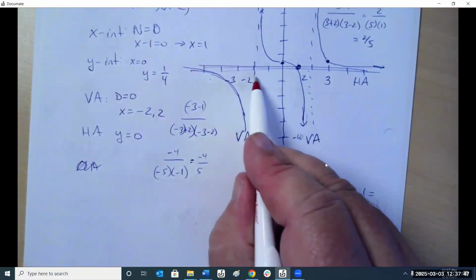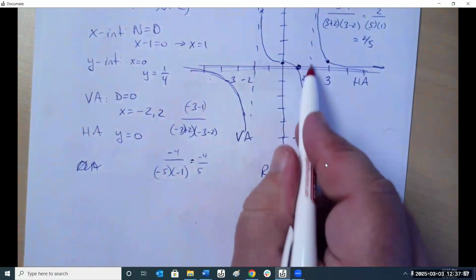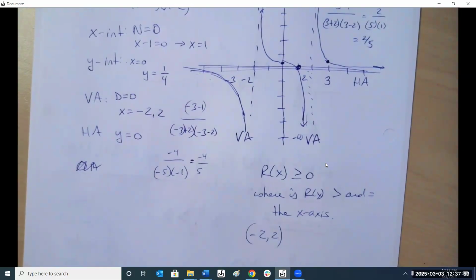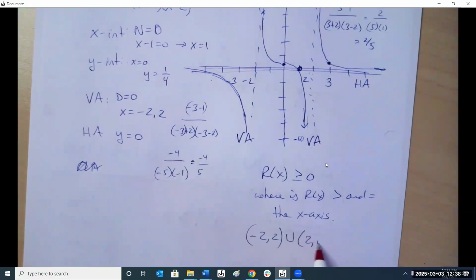So it's from negative 2 to 2. Can we use the values of negative 2 and 2? No, because they're asymptotes. Union with everything greater than 2, so 2 to infinity.